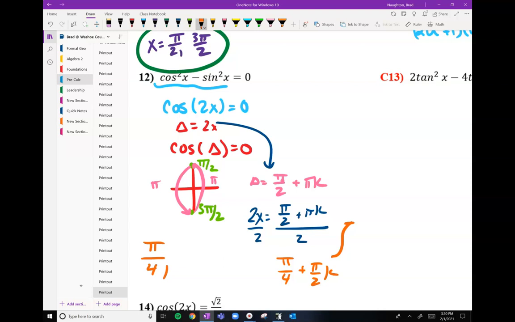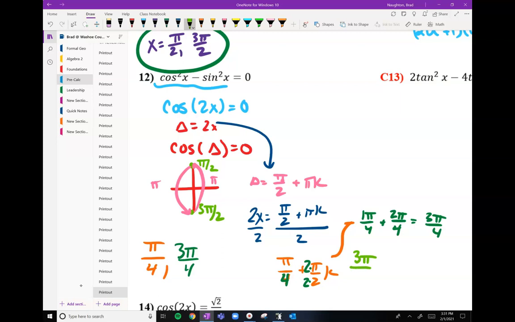So what's the next one? Okay, I'm going to make this a common denominator. If this is 4, I need a 2 over 2. So I'm going to get 1 pi over 4 plus, excuse me, 2 pi over 4, and that's going to give me 3 pi over 4. So that's another one of our answers.